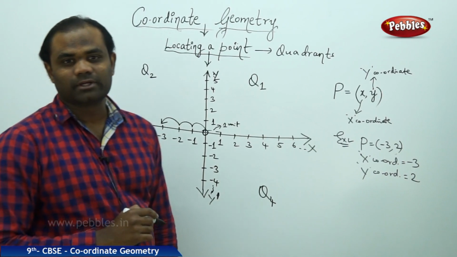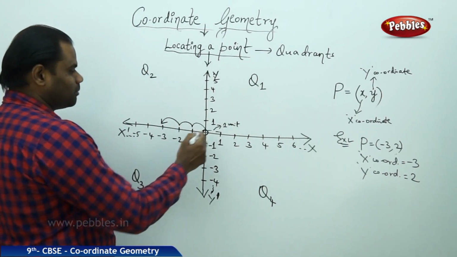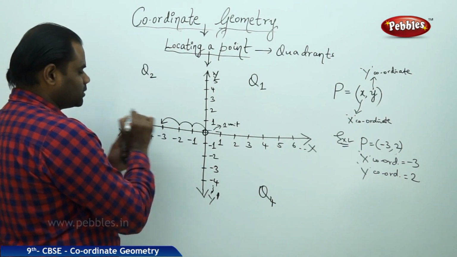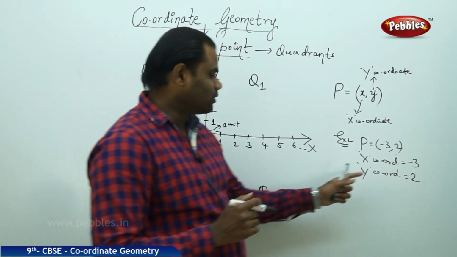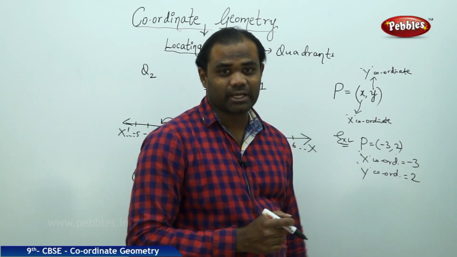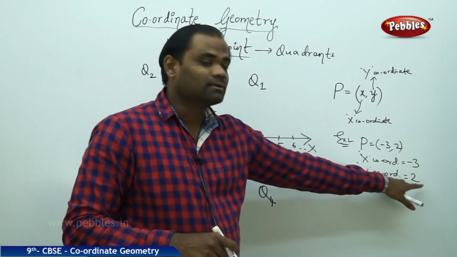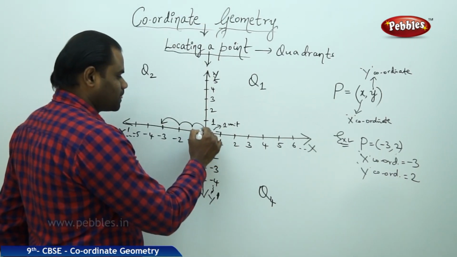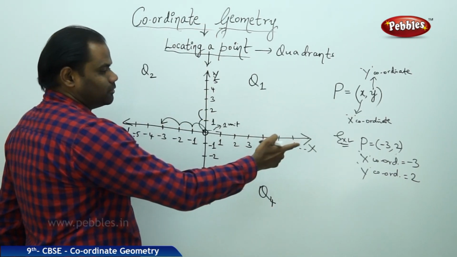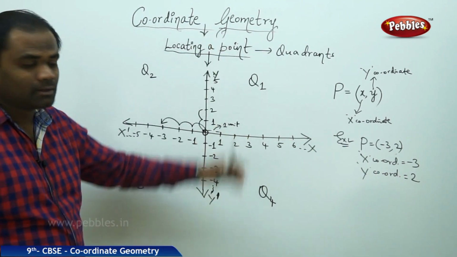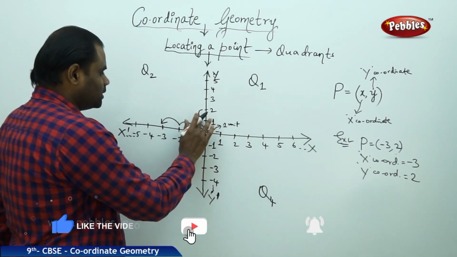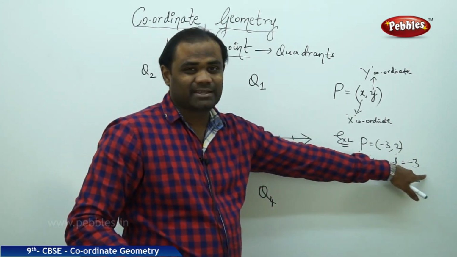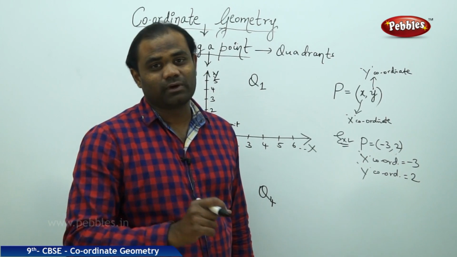I move 3 units to the left, and therefore my point P is initially with its x value out here. Then my y coordinate being equal to 2 indicates that this is the positive y value, which is 2 units up. So I move 2 units up, but I don't move from the origin, because first it moves through the x-axis and then through the y-axis.